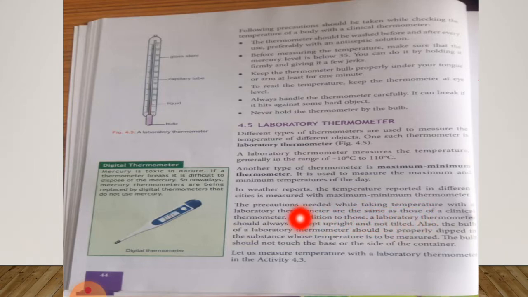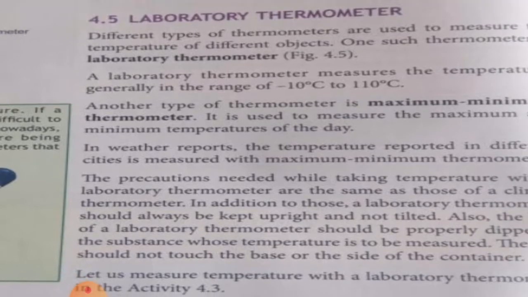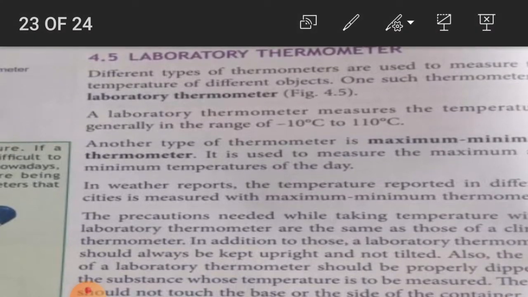Also, the bulb of the laboratory thermometer should be properly dipped in the substance whose temperature is to be measured. The bulb should not touch the base or the side of the container. Okay, here you have to underline this word tilted, which means bend.